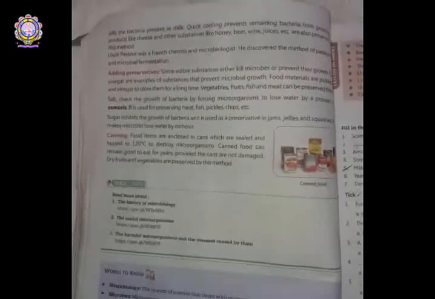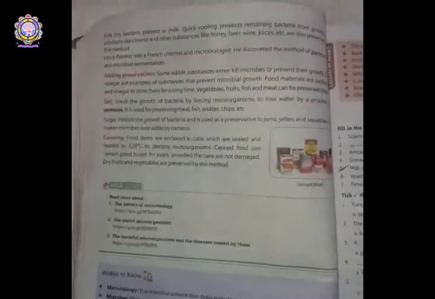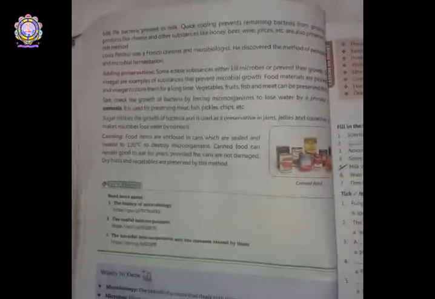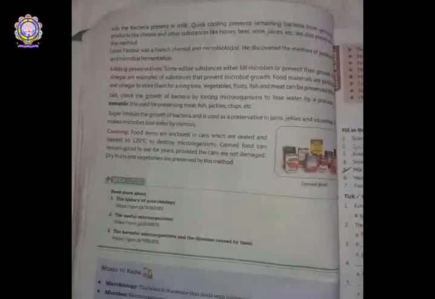Next is, why is the canning process both useful and harmful these days. Next and last is, write some short notes on the words.